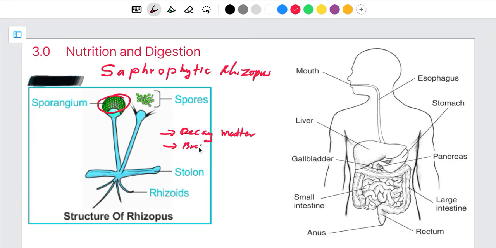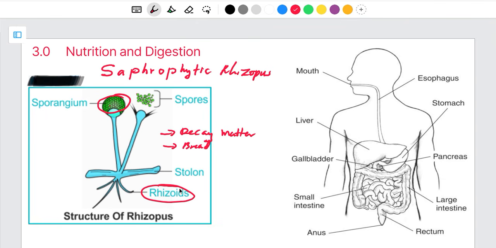So these Rhizopus can even germinate on the bread, because this one here releases enzymes that hydrolyze starch into maltose. So maltose is the one that this Rhizopus uses. So you have to explain how this one here absorbs nutrients from the substrate, for example the bread or the dead or decaying matter.